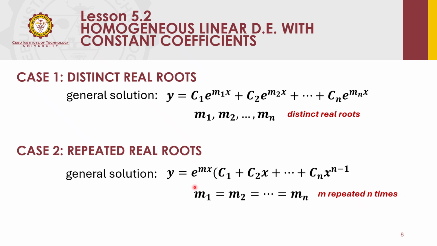We simply write the exponential function as e to the power of mx, the repeated root of the auxiliary equation, multiplied to the first arbitrary constant plus the second arbitrary constant multiplied to the independent variable x, and if it's an nth order linear differential equation, then the last term would have x raised to the power of n minus 1.